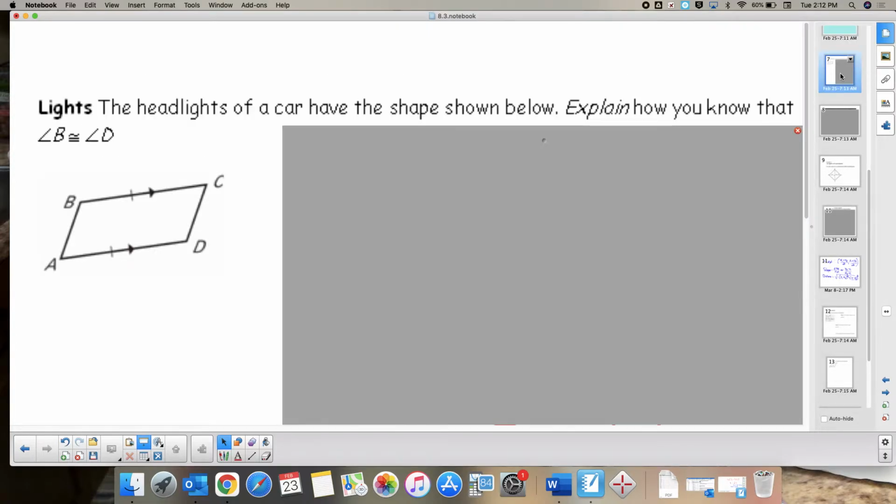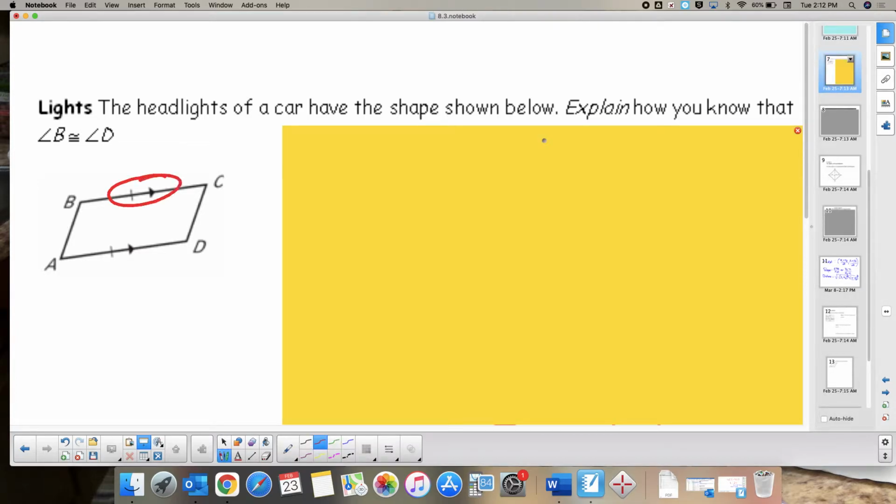So in our next example, it says the headlights of a car have the shape shown below. It says explain how we know that angle B will be congruent to angle D. So we start by showing what shape it is. Now, ABCD is going to be a parallelogram. And the reason it is, if I look at my markings here, I have one set of sides being both parallel and congruent.